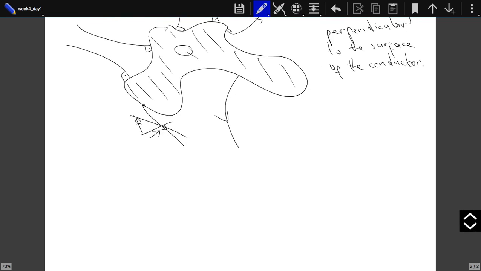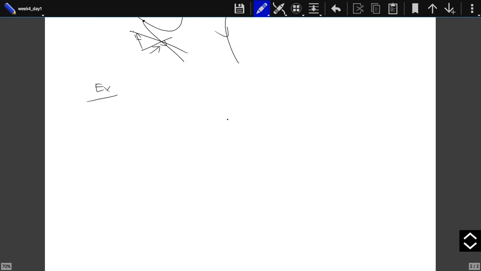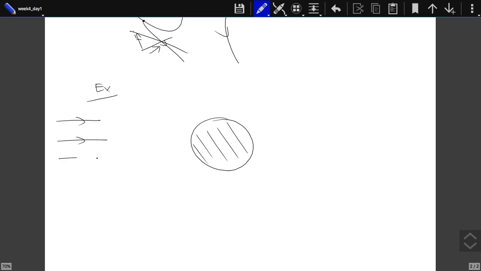This will be true even if you take a conductor, let's say a spherical conductor, neutral, and you put it in a uniform electric field. So what will happen is this electric field will force the charges inside our conductor to move.